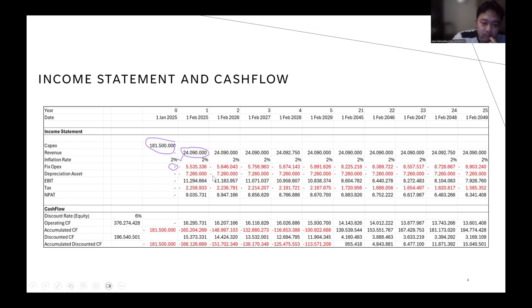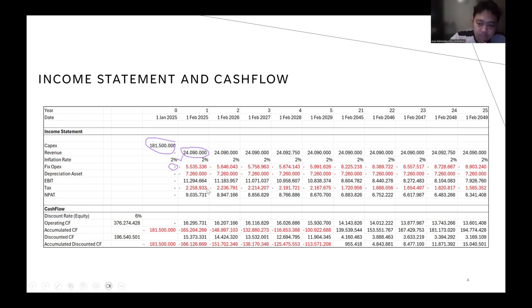Okay, and then after the OPEX, we create the depreciation on the asset. This has been set at 7.29 million, declining by 4% each year until the end of the contract.